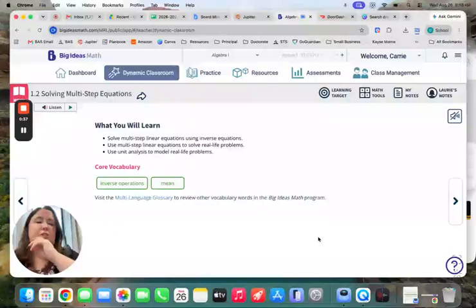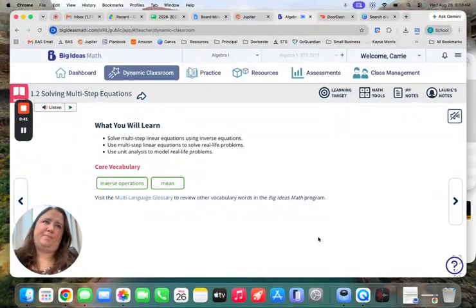Somebody tell me, what is the definition of mean? The sum of a numerical data set divided by the number of the data values. So say that in English, like layman's terms. So when you're trying to find the mean of a set of numbers, or the average is another way to say mean, what do you do mathematically?